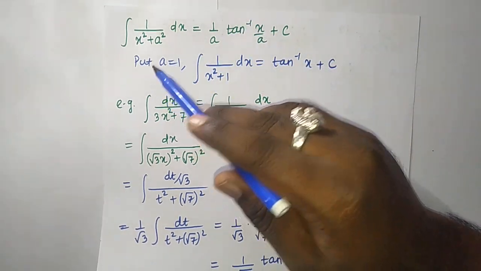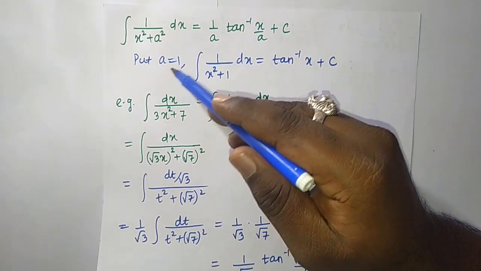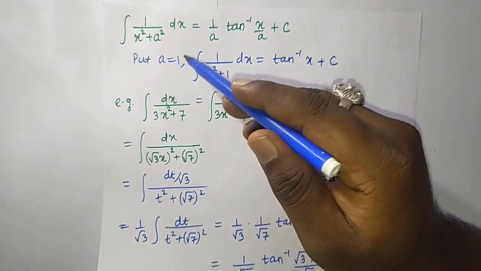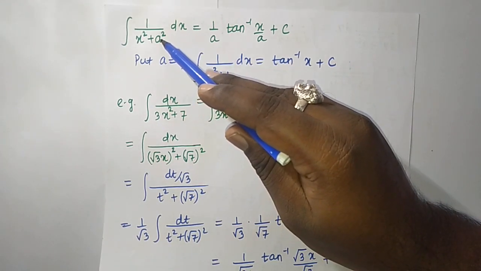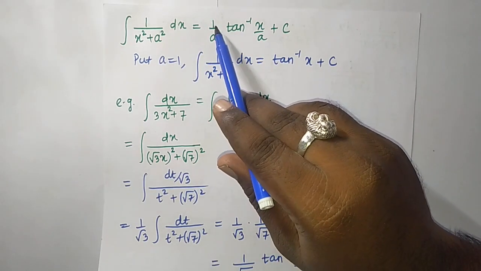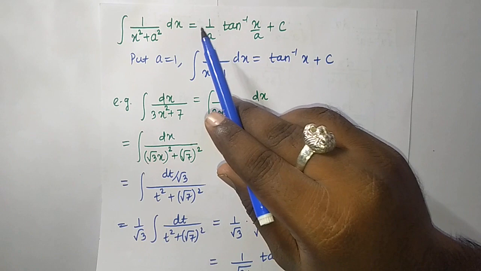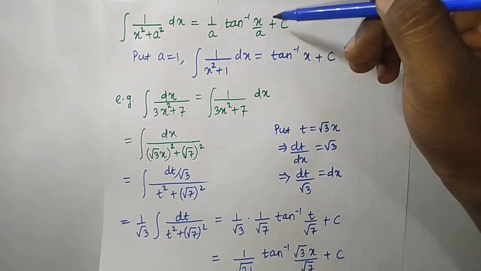Okay, you can verify easily by putting a equal to 1. In the left hand side, putting a equal to 1 square, you will get 1 by 1 plus x square. And in the right hand side, by putting 1 in place of a, you will get 1 by 1 into tan inverse x by 1.